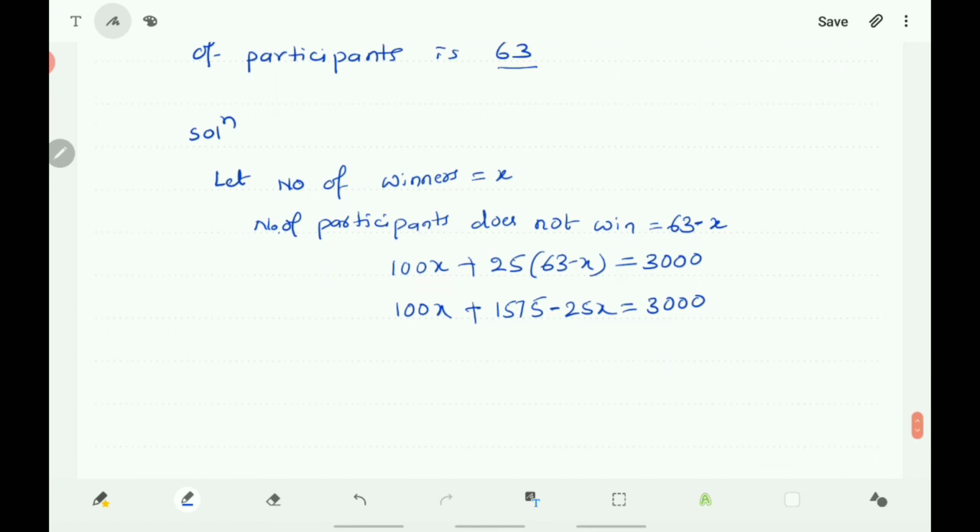Then it is 100x minus 25x plus 1575 equals 3000.